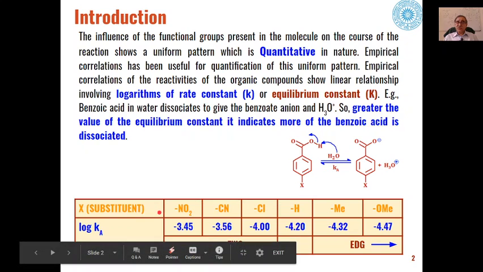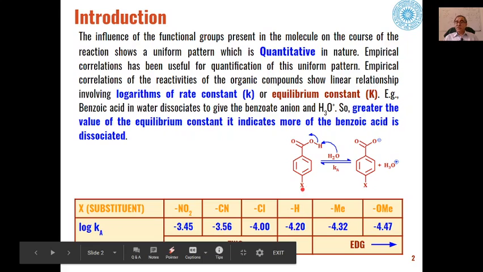So this substitution, whether this is an electron withdrawing substitution or electron donating substitution, will have a linear relationship with the rate of dissociation of benzoic acid. You can see over here the value of log K changes linearly as we move from electron withdrawing group to electron donating group through unsubstituted group.